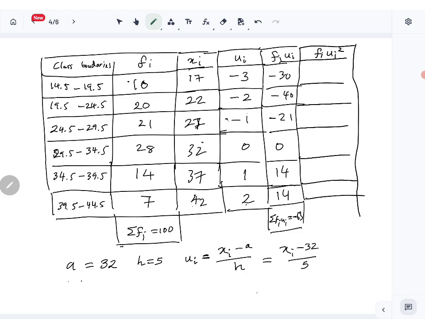So minus 30 into minus 3, plus 90, plus 90, plus 80, plus 21, 0, 14, 28. So sigma fi ui square is 233.